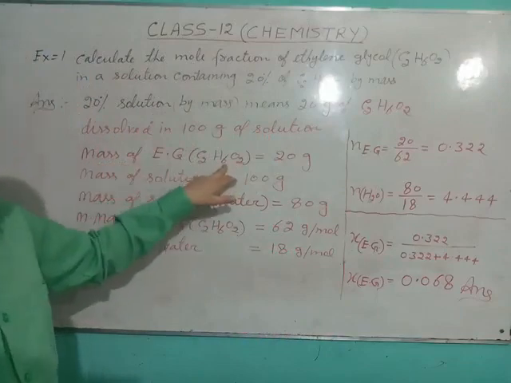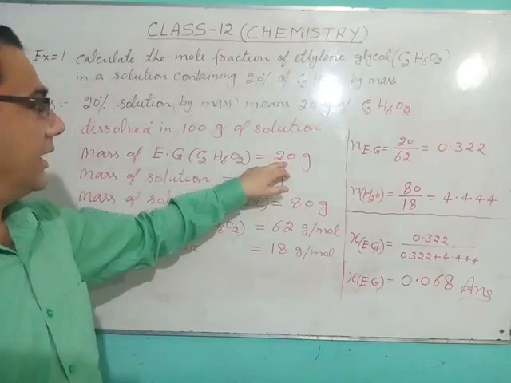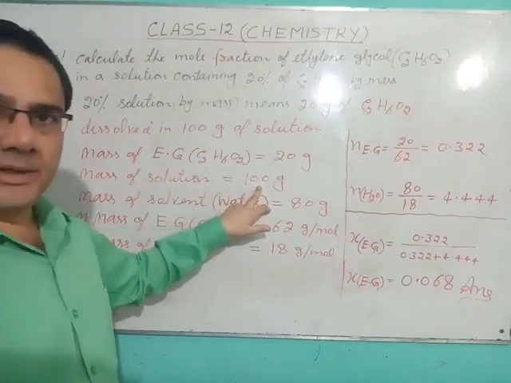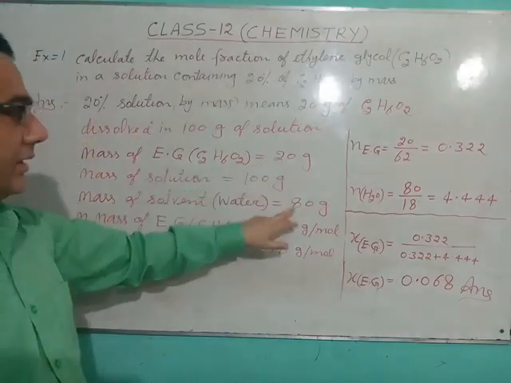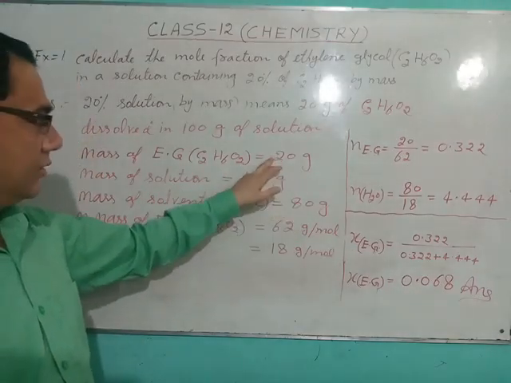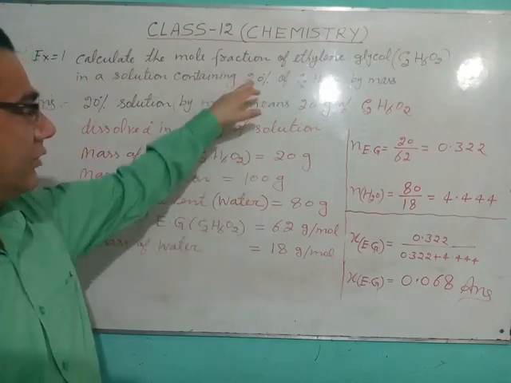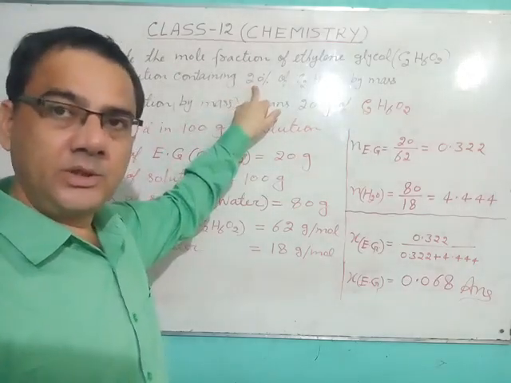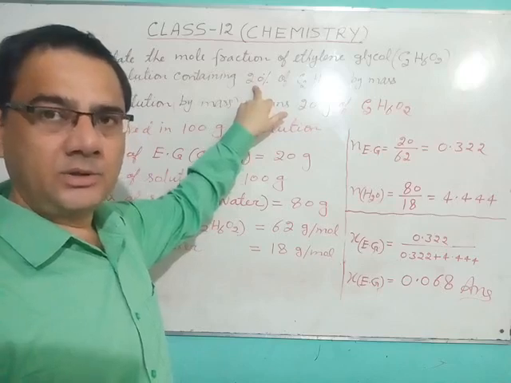Mass of solute, that is ethylene glycol, is equal to 20 gram, and from this only we will get the mass of solution, that is 100 gram, and mass of solvent, that is 100 minus 20, that is 80 gram. Mass of solute, mass of solution, mass of solvent, all these three values you will get from 20%. Again I am reminding you, 20% means 20 gram of the solute dissolved in 100 gram of the solution.